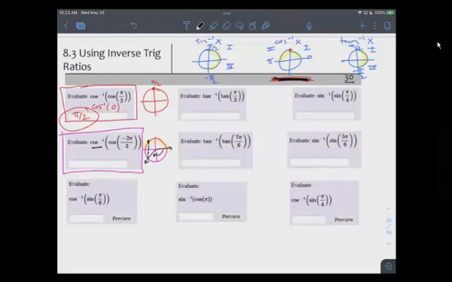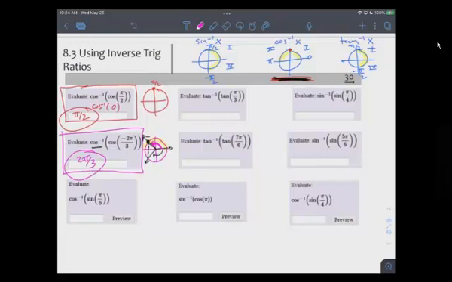And this angle, since it'll have the same x-coordinate, or cosine, as this, what we can see is that this angle right here is the angle that we're looking for. This angle is going to be the same measure, but in the counterclockwise direction, and so that's going to be 2 pi over 3. That would be your answer for that problem.